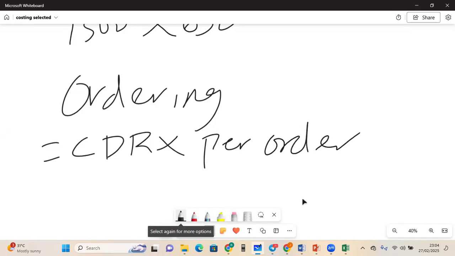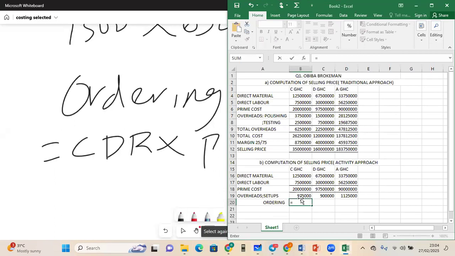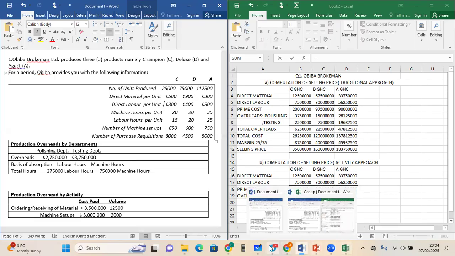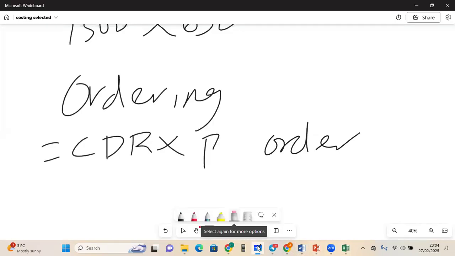So the per order, number of purchase requisitions. So purchase requisitions.